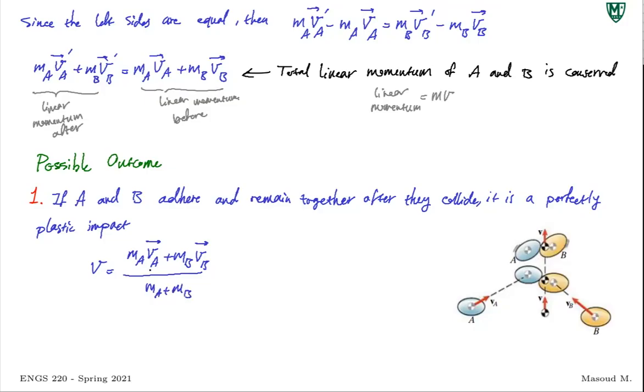From there, I will get MA plus MB times v. So they stick together, they form one object which has a mass of MA plus MB, and one velocity.